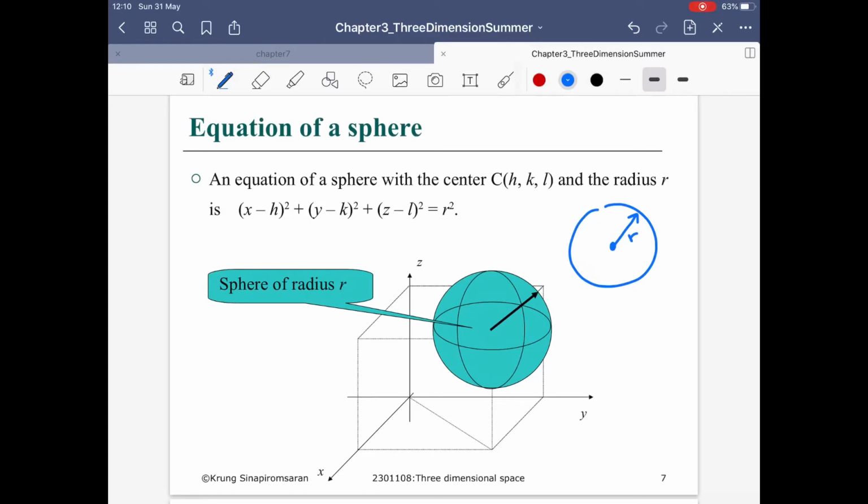So for the sphere, it will be all the points in three-dimensional space that again have a fixed distance r from the fixed center point C at (h, k, l). So let's say that here is the point (x, y, z) on the sphere. Then it means that the distance between this (x, y, z) and (h, k, l) is a fixed r.